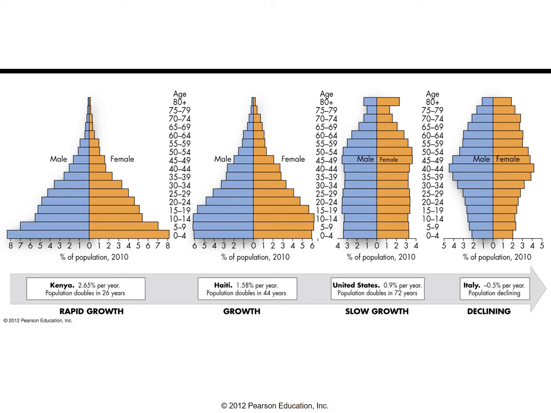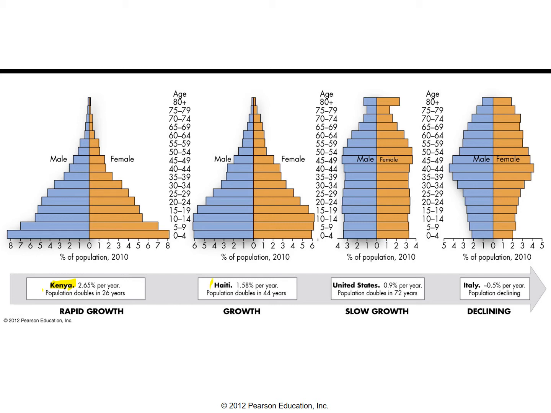First one is Kenya, where we see that it's experiencing massive growth, about 2.65% growth rate per year. And that means the population will double in just 26 years. The next country we're going to consider is Haiti.